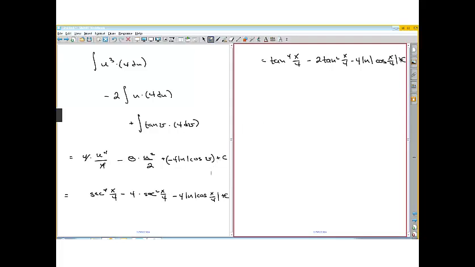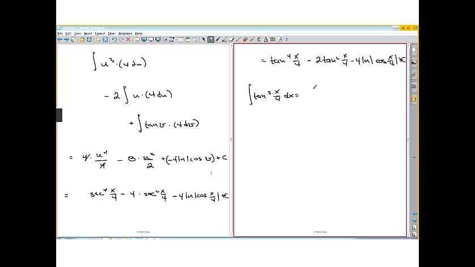And the reason is, okay, so what they did was, the bottom line is they're the same answer once you convert them using the Pythagorean identity.